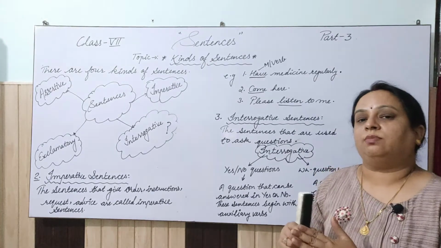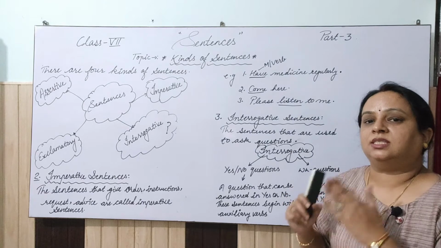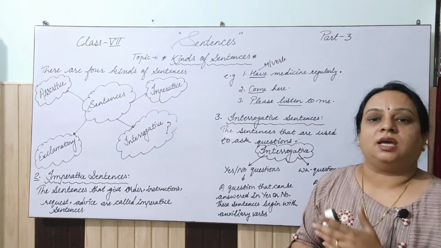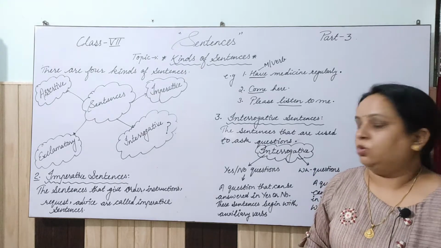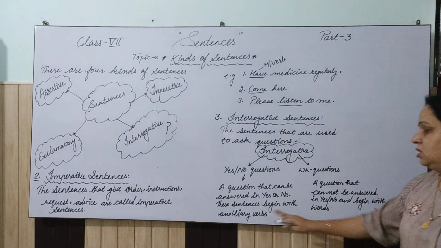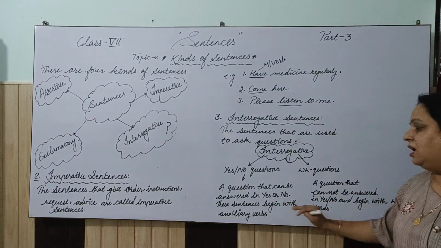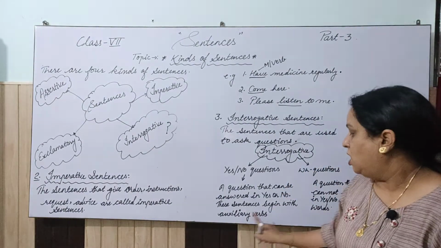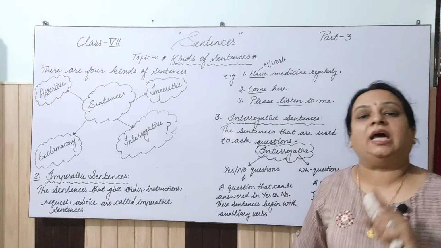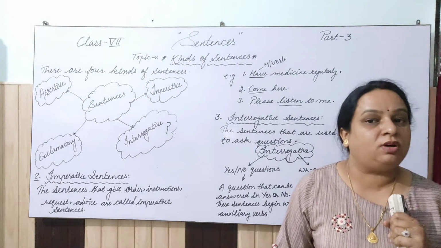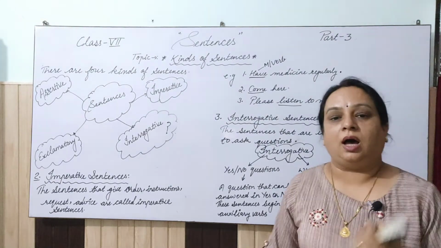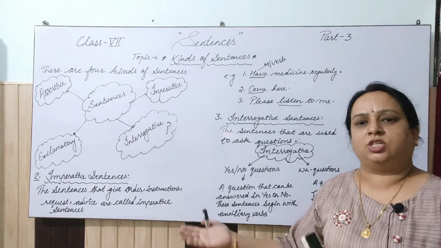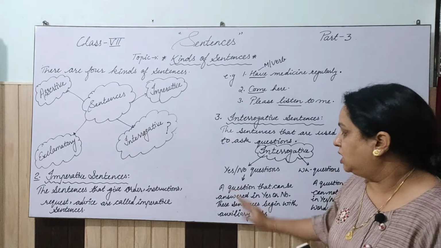So these types of questions are known as yes, no type of questions, which can be answered in yes or no. One more thing, these sentences begin with the auxiliary verbs or the helping verbs. Auxiliary verbs are also called the helping verbs. And what are those helping verbs? Is, am, are, was, were, has, have, will, shall, many others, right? So these are auxiliary verbs.